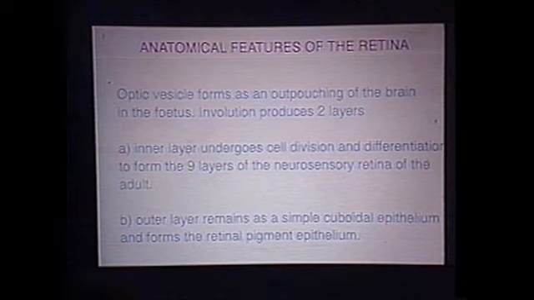The first layer, the inner layer, undergoes massive cell division and differentiation, and this inner layer ultimately becomes the neurosensory retina. And there are a number of layers to this neurosensory retina in the adult animal. The outer layer of this cup retains its simple structure and becomes the retinal pigment epithelium.